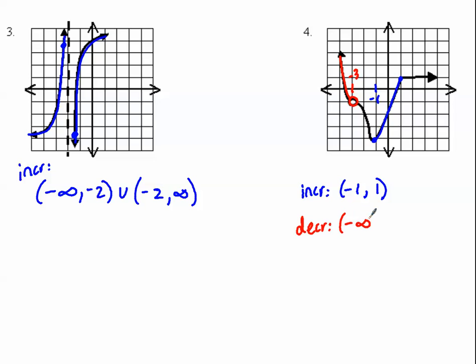So -∞, because of the arrow, up to -3, but it's not doing anything at that point, so I can't include it in the interval, but then I'm decreasing again up until -1. So pick up again at -3 up to -1, and then the rest of the way it's constant after 1. So constant from 1 to infinity.